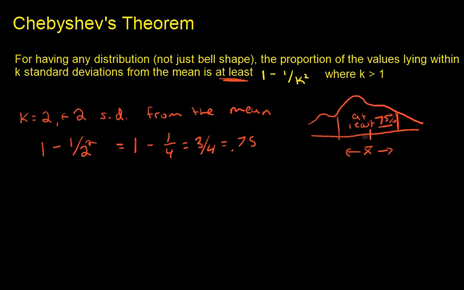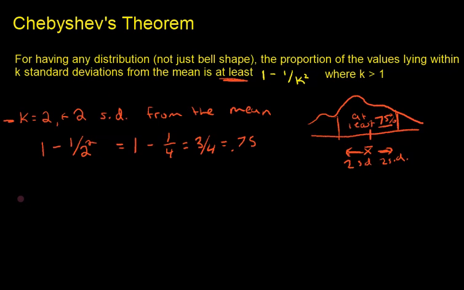So at least 75% of the values are within 2 standard deviations from the mean. It could be more, right? This could be 90% of the observations, but at the very least, it's got to be at least 75% according to Chebyshev's theorem.